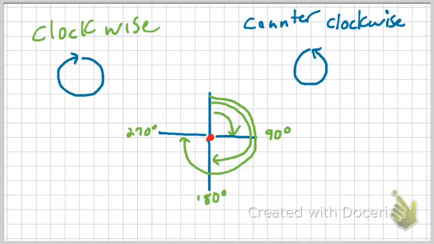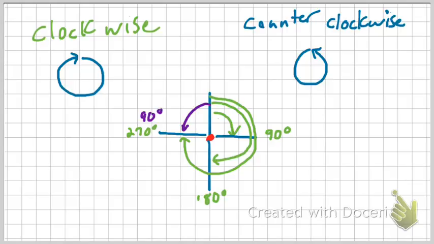But here's what I want you guys to see. A 270-degree rotation going clockwise is the same thing as a 90-degree rotation going counterclockwise. Everybody see that?